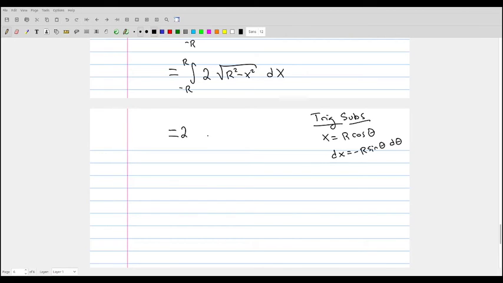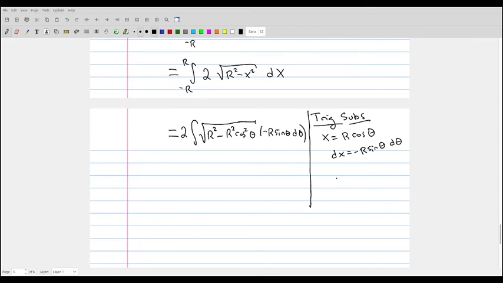So this integral becomes the integral of the square root of r squared minus x squared, which in terms of theta is r squared cosine squared theta, and then dx is negative r sine theta d theta.